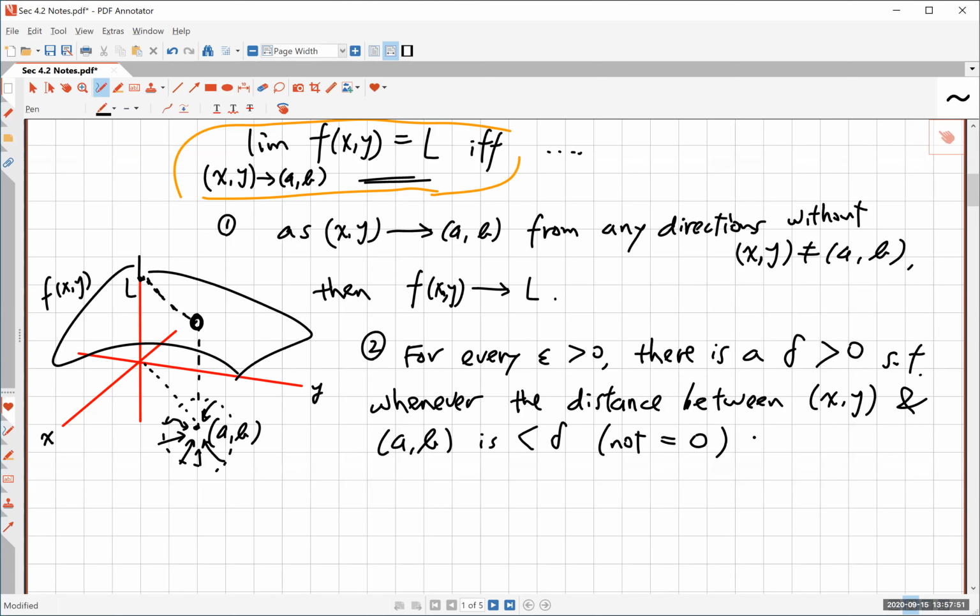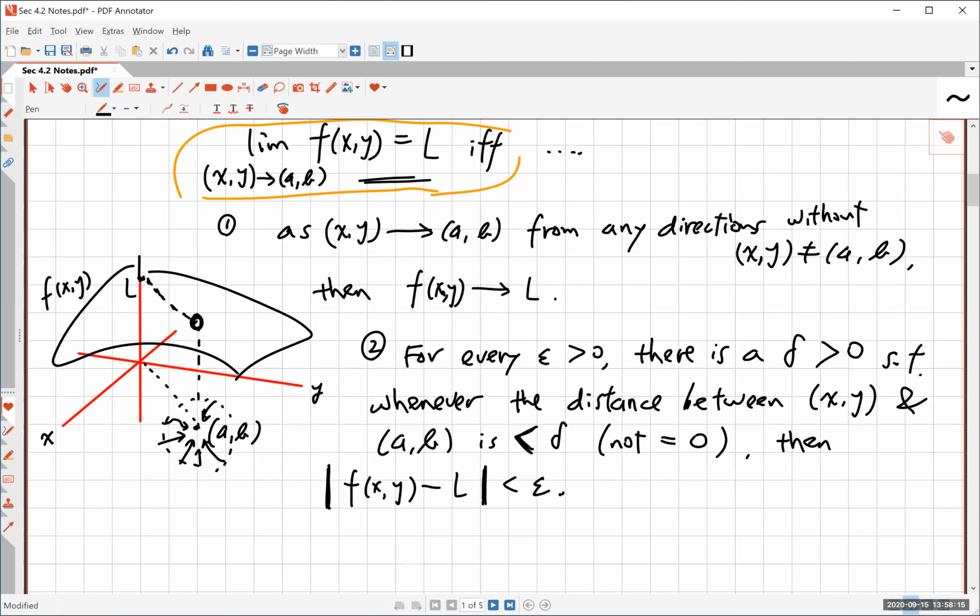Not equal to 0, but it is less than delta units away from AB, then f of xy minus L. Remember, these are real numbers, so I can actually do subtraction and define the absolute value of this, and that value has to be less than epsilon.